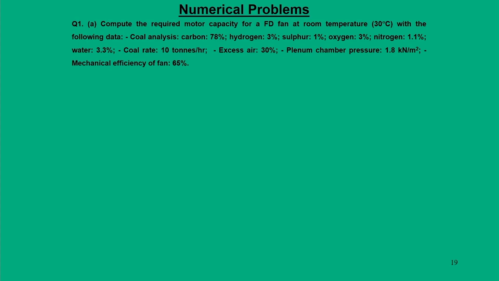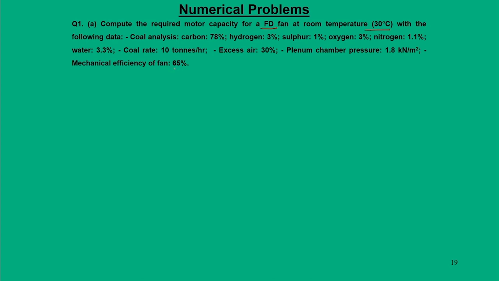So, our main focus in the first problem is that for a steam power system, we need to find out the motor capacity for a forced draft fan which operates at 30 degree centigrade with the following data.